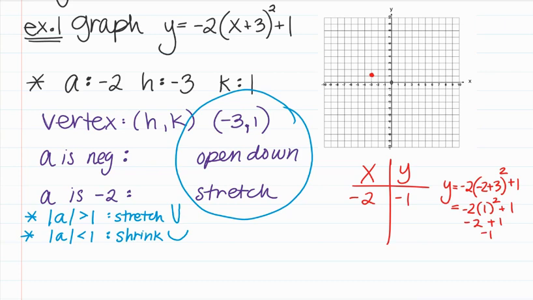So when x is -2, y is -1. And remember, my axis of symmetry is the x value of my vertex, right? So that's my axis of symmetry. Then I should have a matching point at x is -4.